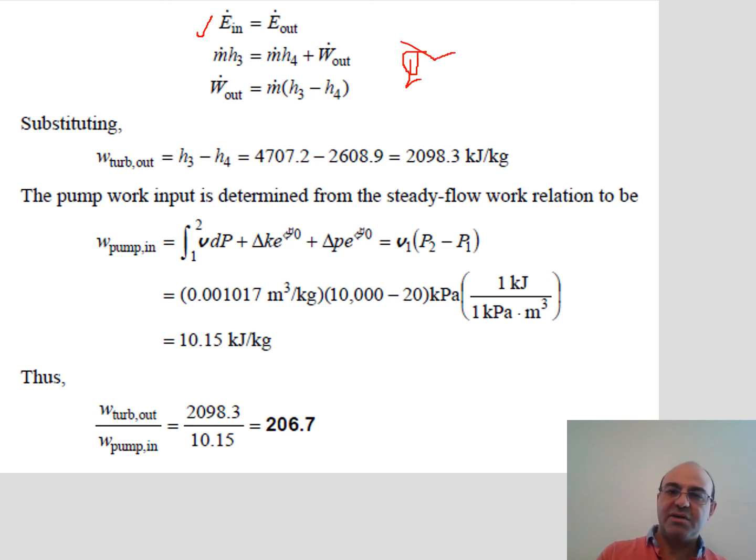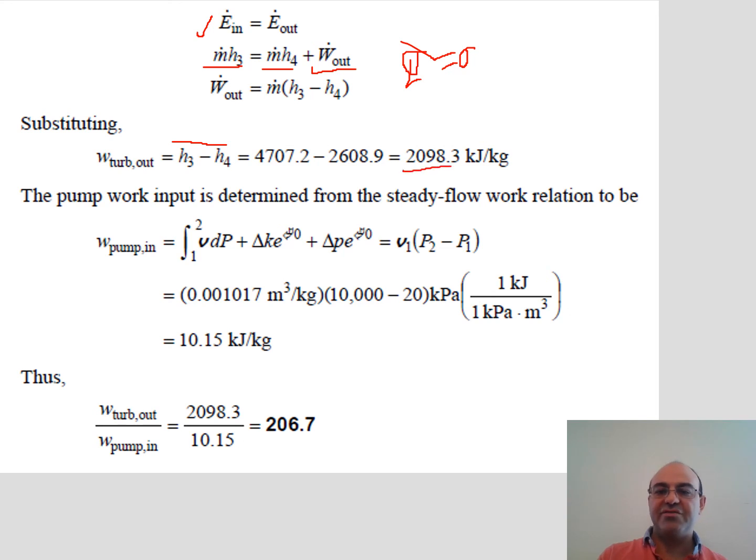So energy in the turbine is m dot h3. Energy out is the work which is generated plus the energy of the steam that leaves the turbine, m dot h4. If we divide by m dot, we can find the work per unit mass, which is equal to h3 minus h4.